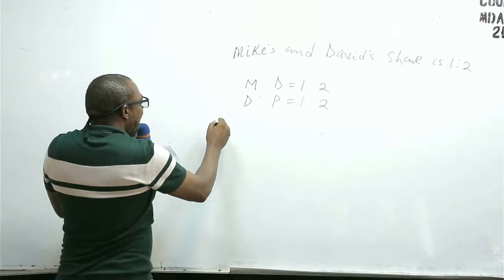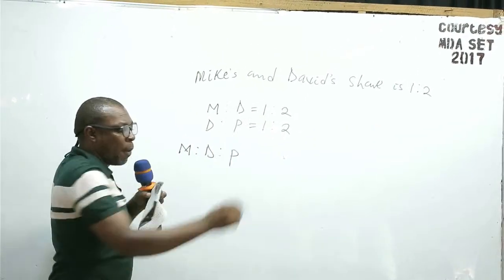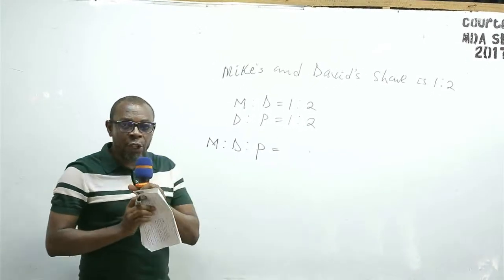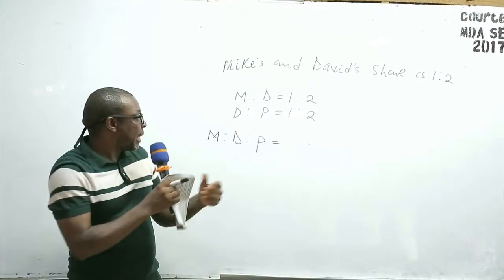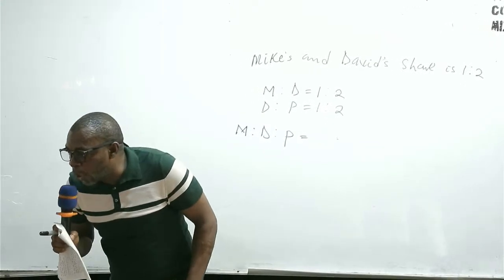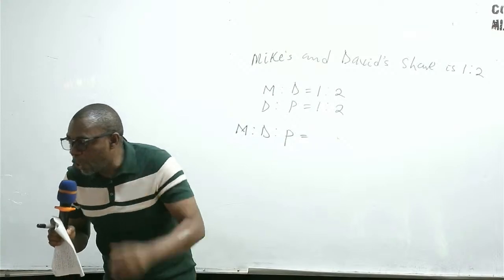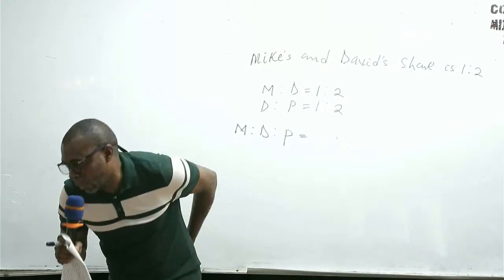Now, let's see here. We can get Mike is to David is to who? If you watch this ratio very well, you discover that David is dominant. Is that true? Nah, I don't need that calculator. Put it back. If you don't stress this brain, it will embarrass you in the market square.